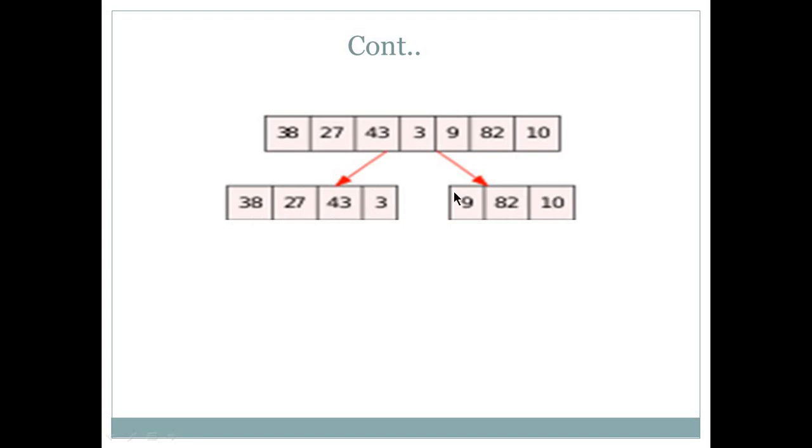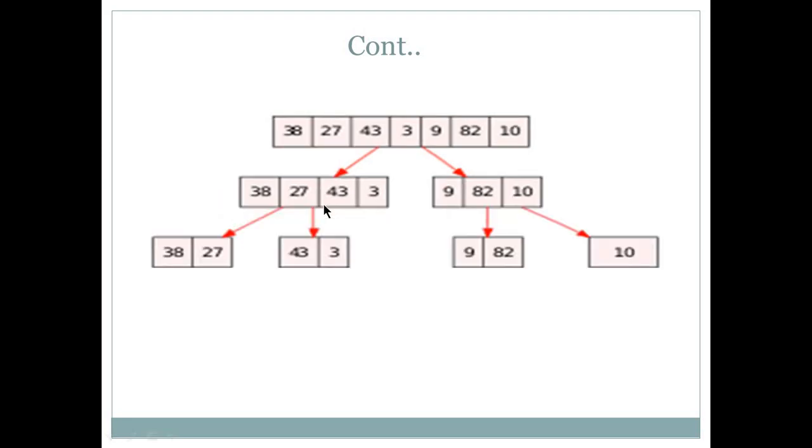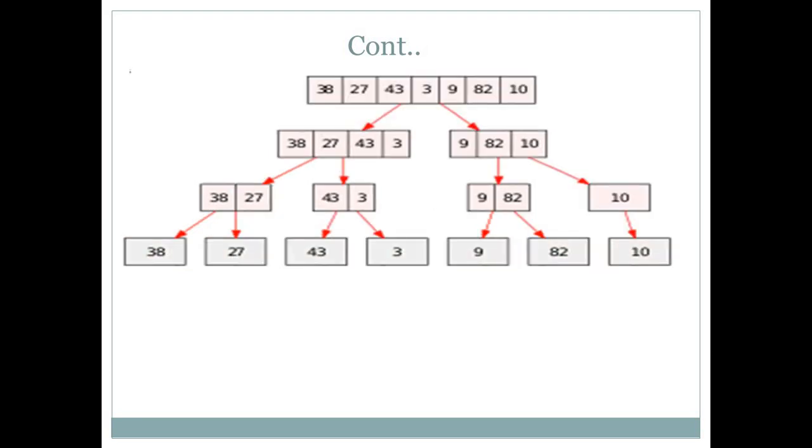On these two parts we will again divide by the mid value. So this is the second division. Again we can divide that into further parts. So this is the last divided part of this list. You can see here all the elements are individual.